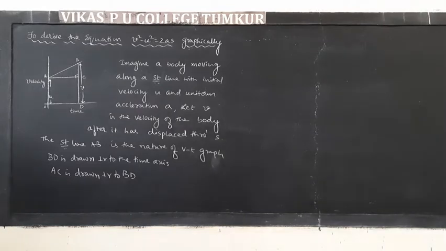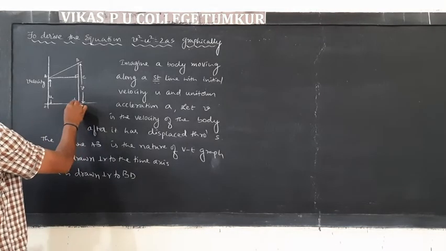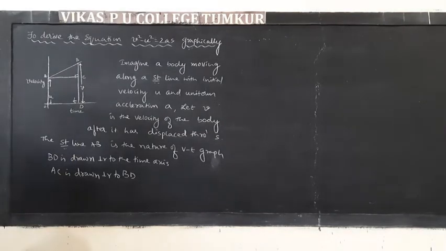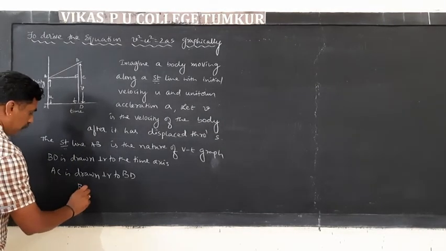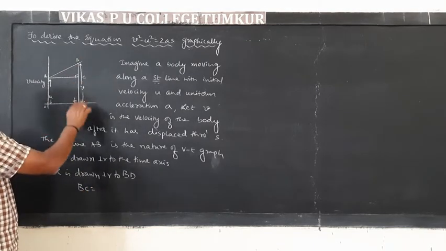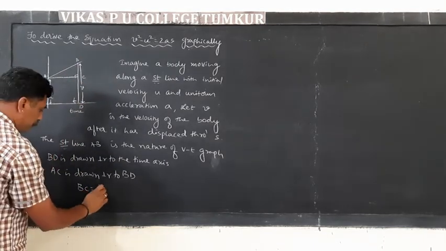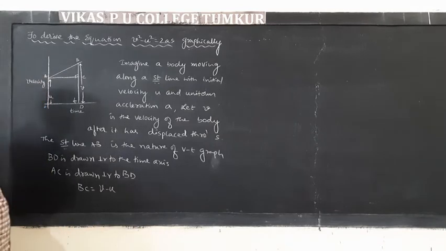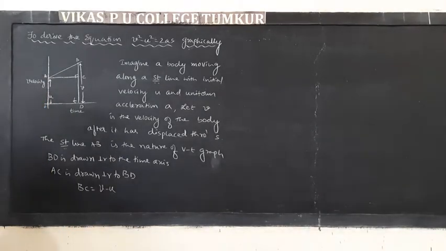So we already know that the area under the velocity time curve will give us the displacement of the body. So let us say the time elapsed for the motion is t. So from this figure you already know that BC is v minus u.